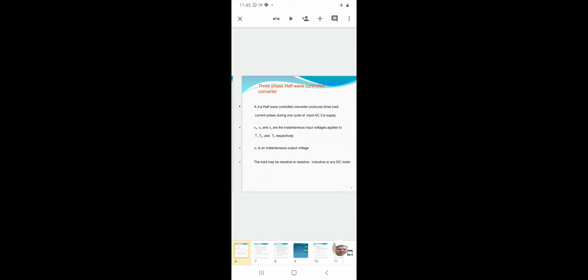First, the conducting sequence of the three-phase half-wave control converter. The three-phase half-wave control converter produces three load current pulses during one cycle of the input AC three-phase supply.